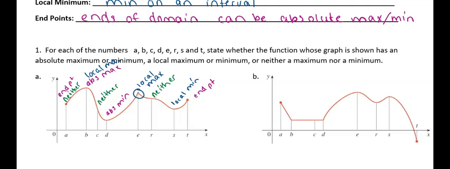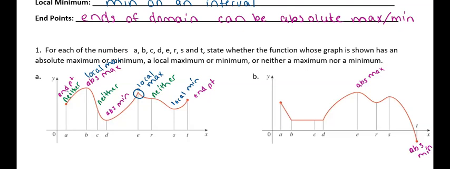So the highest point to me looks like it's right here. So that's going to be our absolute max. And right here looks like the lowest point. So that's going to be our absolute min. Write that a little bit more clearly. And we've got our absolute max, we've got our absolute min.